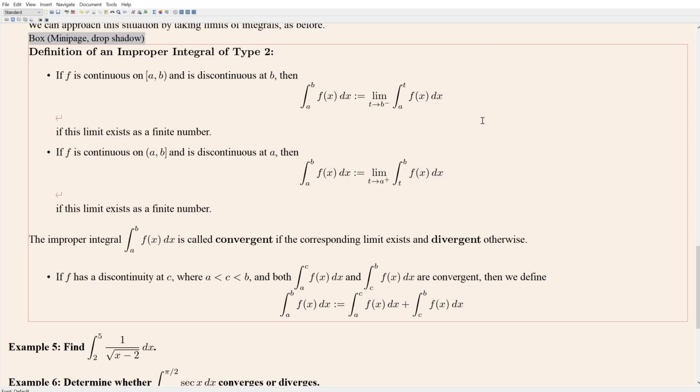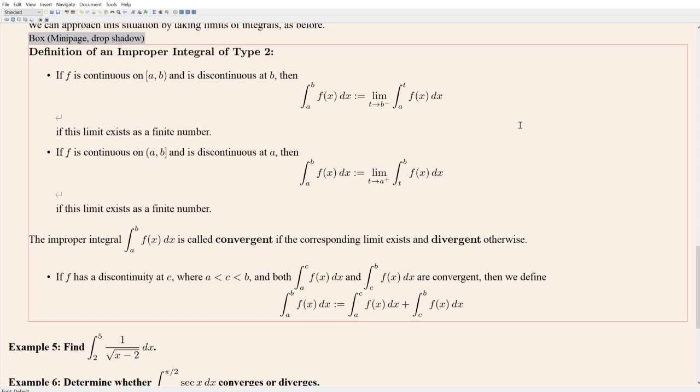Okay? So figure out where the asymptote is. If it's at one of these limits, replace that with a parameter, and then let the parameter approach the asymptote. Same exact strategy as before, only instead of approaching infinity, now it's approaching a point at which the function has an asymptote.